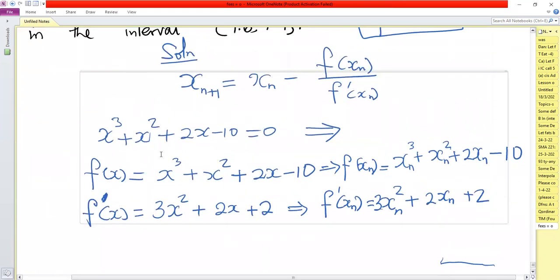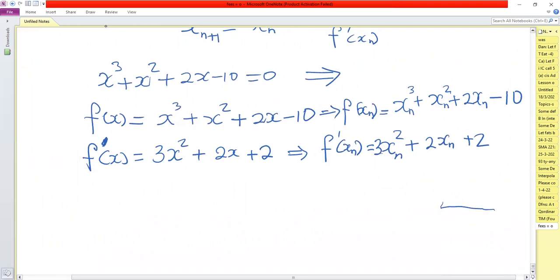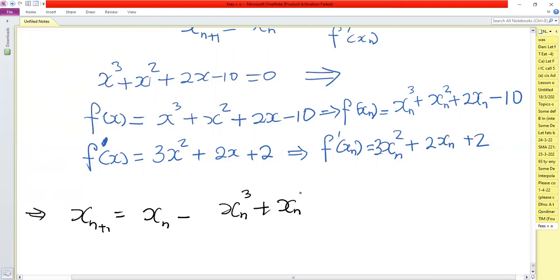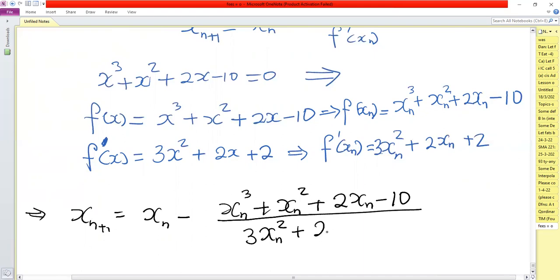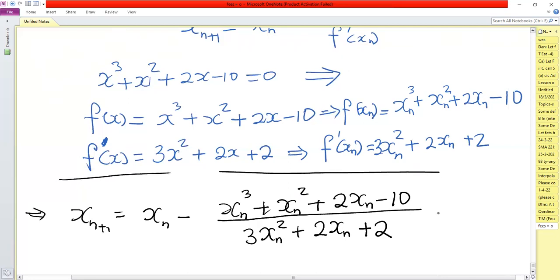So putting these values into the formula, we get that x_{n+1} will be given by x_n minus, so what is f of x_n, we have x_n cubed plus x_n squared plus 2x_n minus 10, divided by 3x_n squared plus 2x_n plus 2.